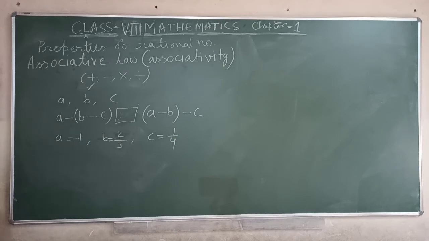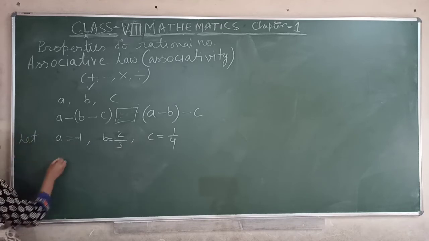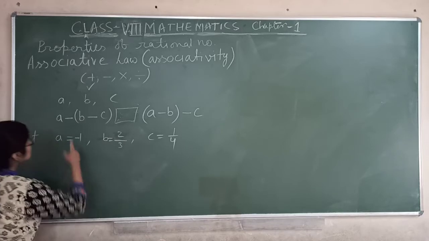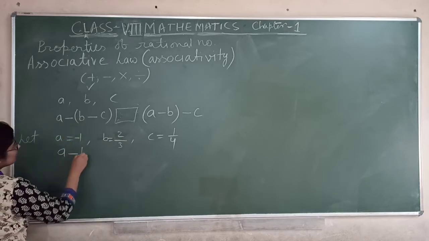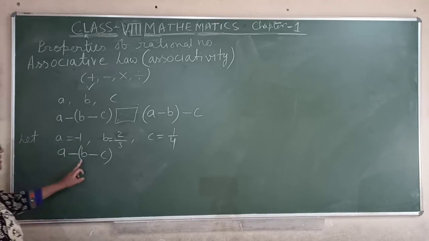So you have to check for these three rational numbers A, B and C. First we will check this one: A minus within bracket B minus C. We have to check for this one.